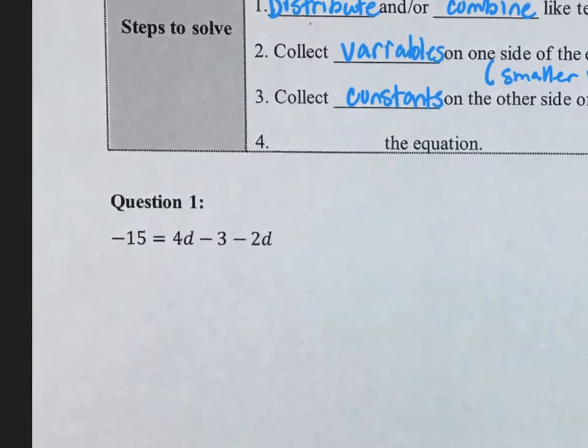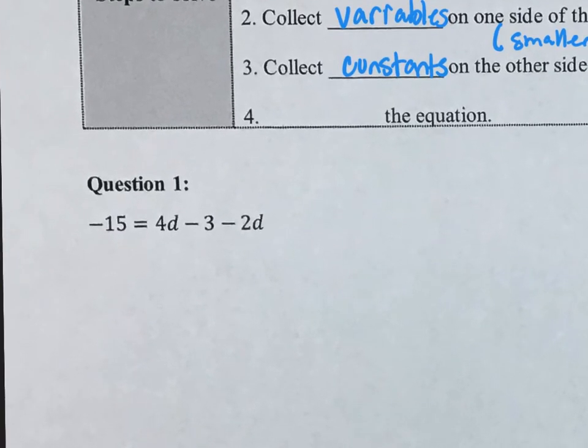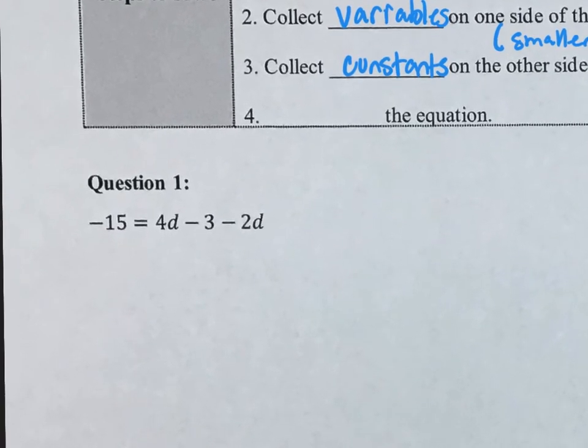Question number 1. We need to distribute or combine like terms. There's no distributing needed, but we can combine like terms. We've got a 4D and a -2D, so make sure you keep that sign with it on the -2D.